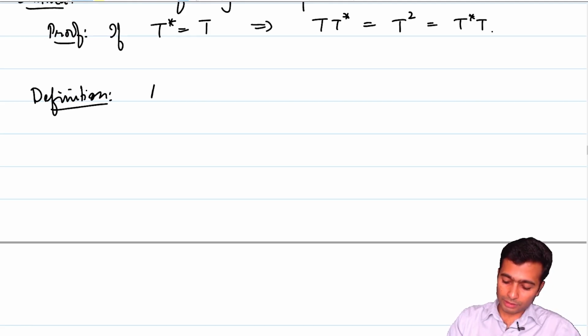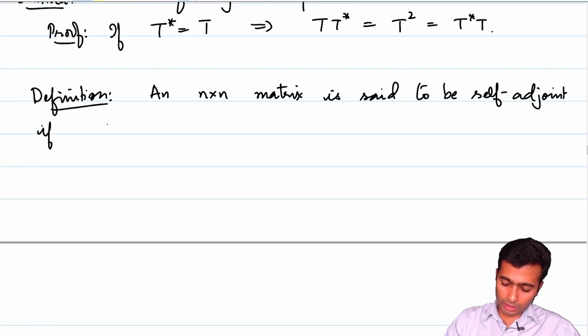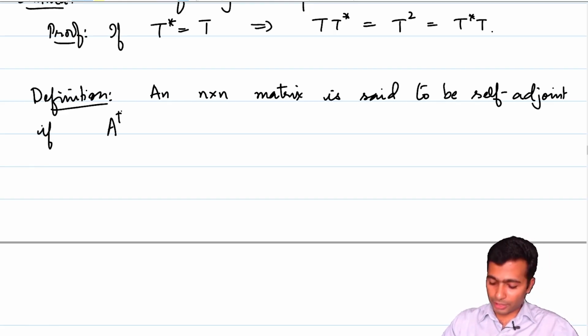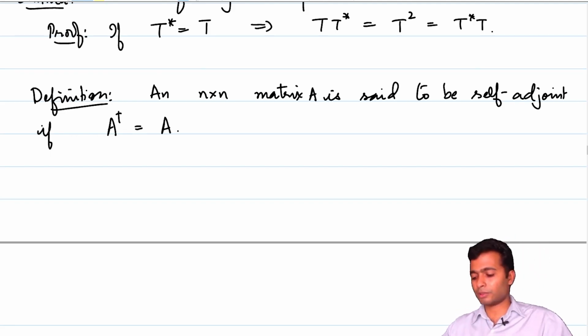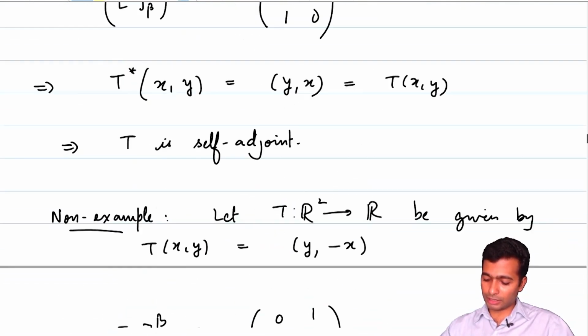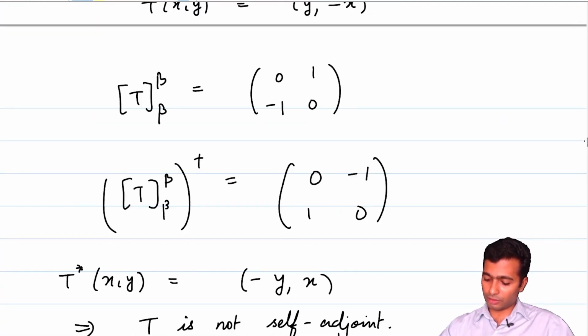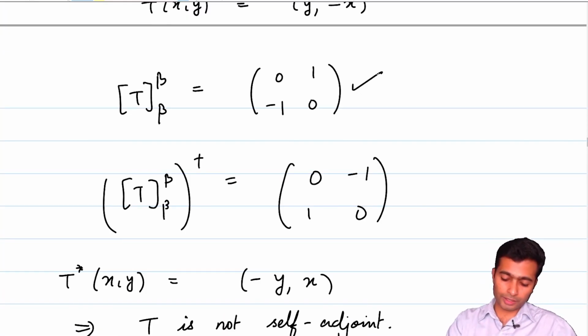An n cross n matrix A is said to be self-adjoint if the adjoint, the conjugate transpose of A, is equal to the matrix A itself. So that's a straightforward definition one would expect. And in this case, the first matrix here is self-adjoint. However, this one is not self-adjoint.